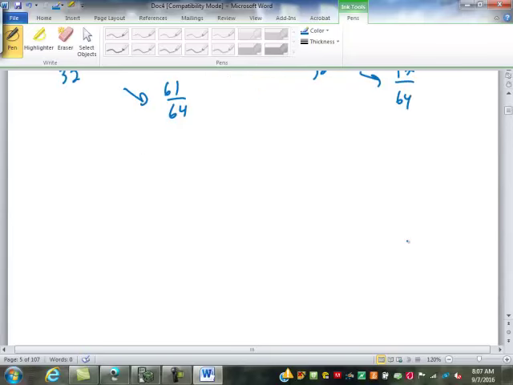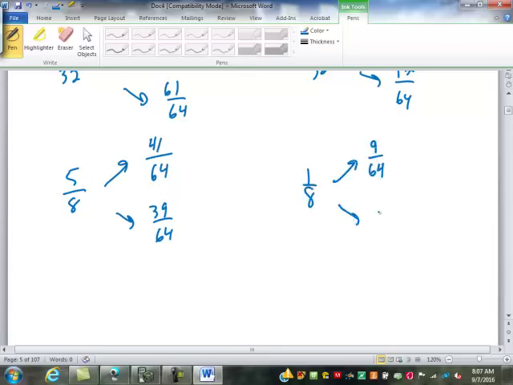15, 5/8. What's the next size larger? 41 and smaller. 39/64. 16, 1/8. Next size larger and smaller. 7/64.